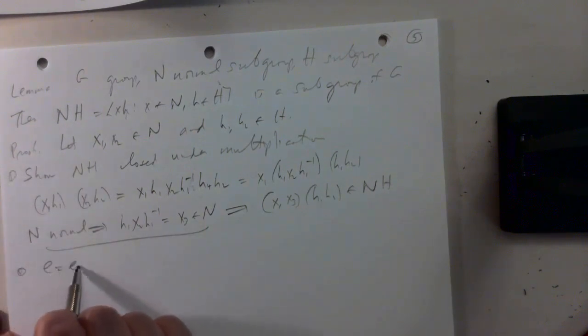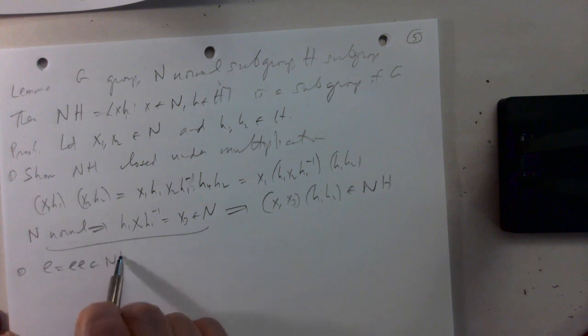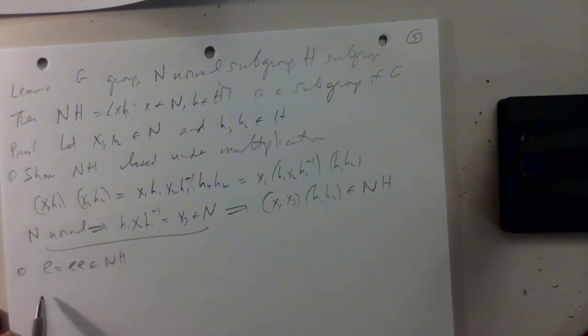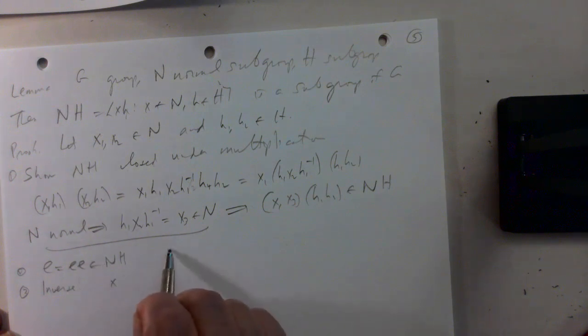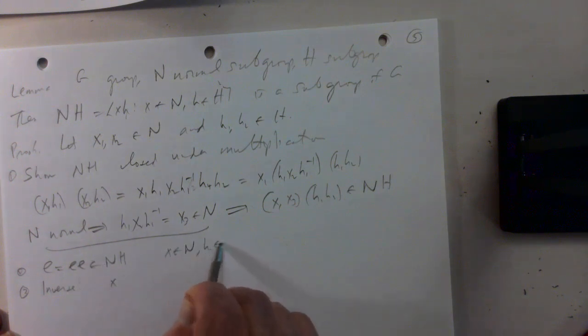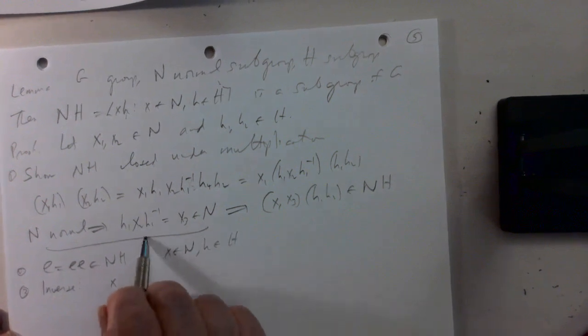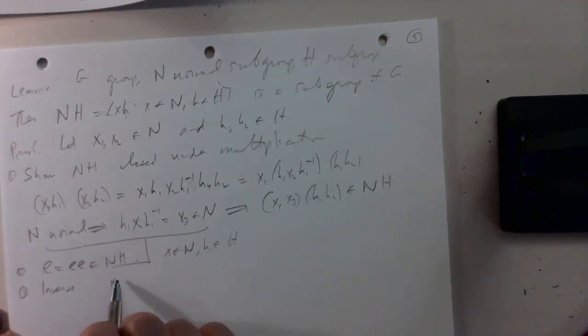e is e times e, which is in NH. So the identity is in NH. What about inverses? So suppose I take an element x in N, an element h in H, and I look at (xh) inverse. I have to show that's in NH.